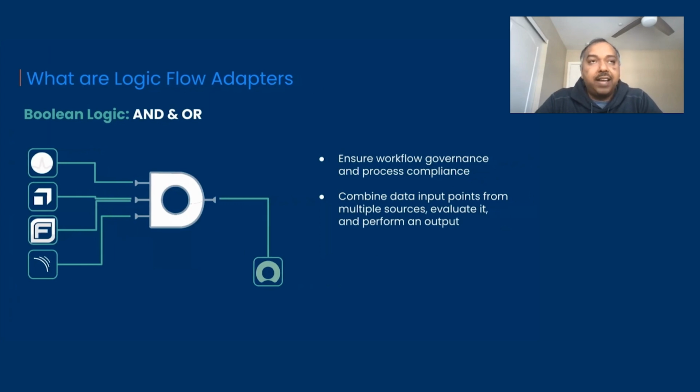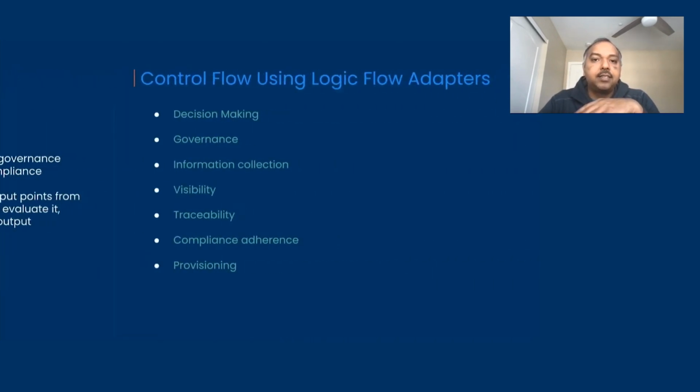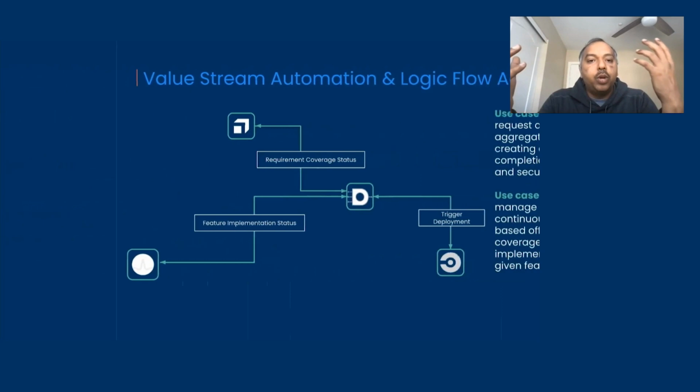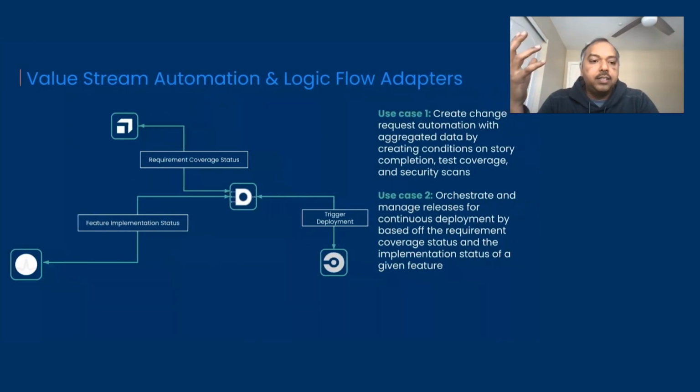The logic flow adapter sits in between your systems to enforce governance and process compliance. Say, for example, you have your tests running on Tosca, and you have your features and stories implemented in Rally, and you want to aggregate all this data, and whenever the story is completed, whenever the testing team has completed the testing for those features, I want to trigger a deployment, right?